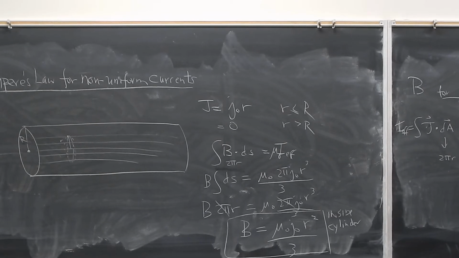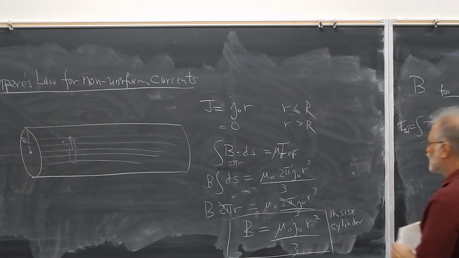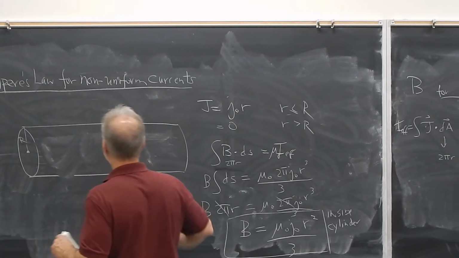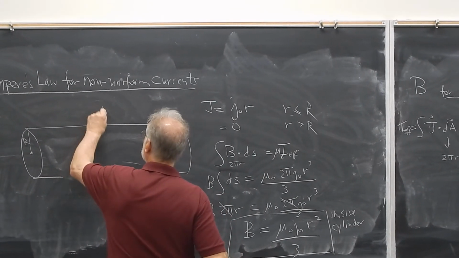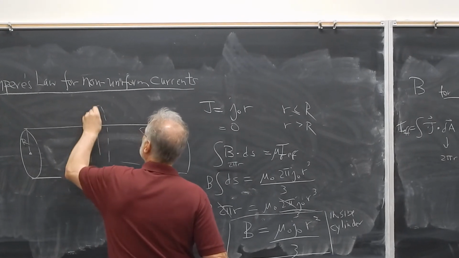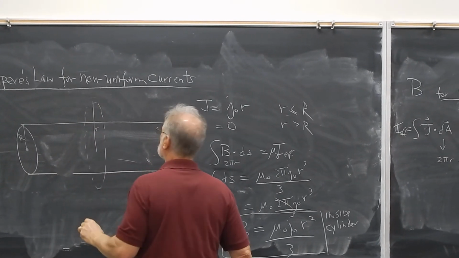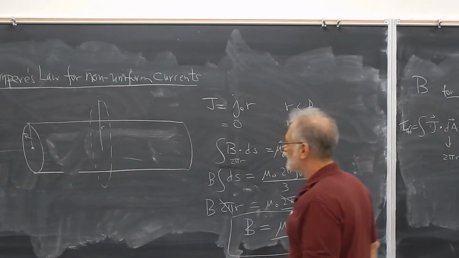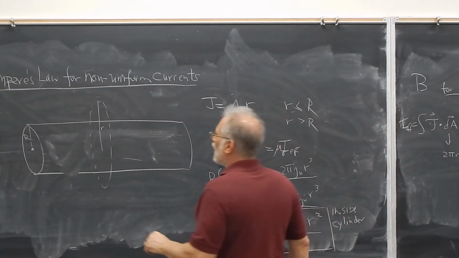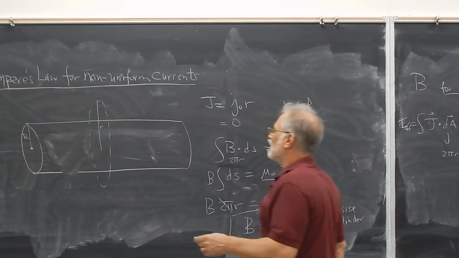Suppose I want to find the field outside the cylinder. Well, in that case, I'm going to draw an Amperian loop like so, with a radius little r. In this case, little r is greater than big R. Once again, I have to calculate the current that's enclosed.